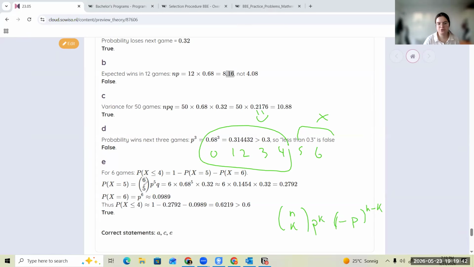So out of 6, choose 5 games: the probability of winning to the power of 5 because you want to win 5 times, times the probability of losing, the opposite one. And then winning all 6 would be 6 choose 6, which is 1, times the probability of winning to the power of 6, and 1 minus p to the power of 0. So this becomes 1, this also becomes 1. You don't have to write it.